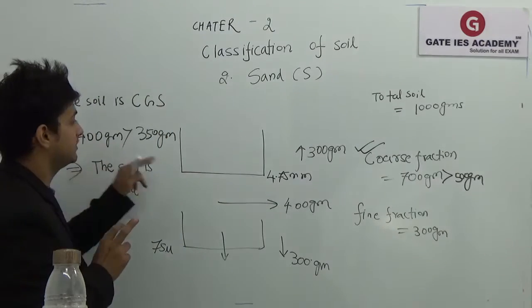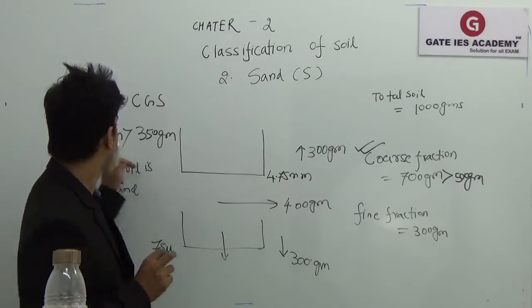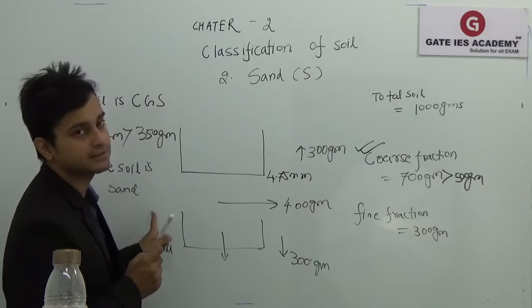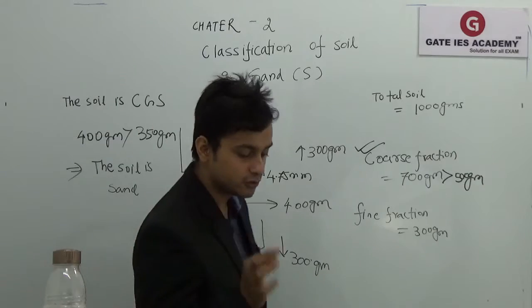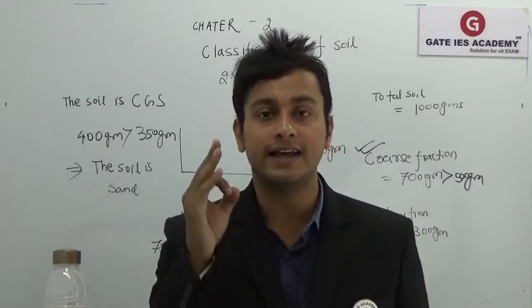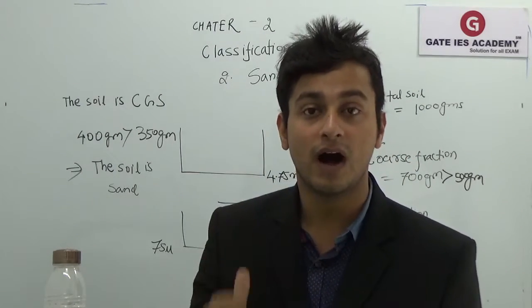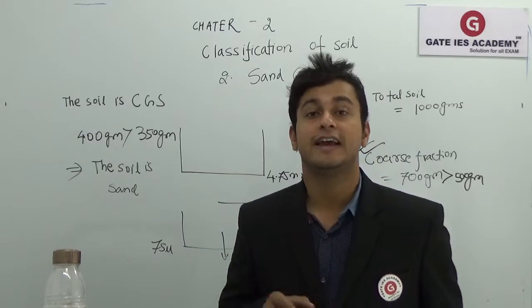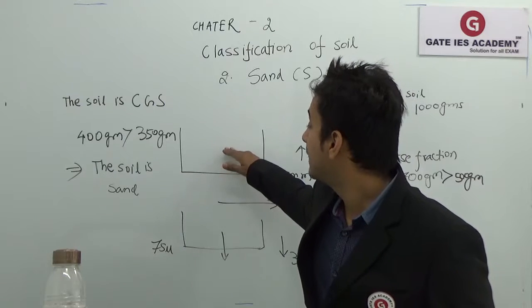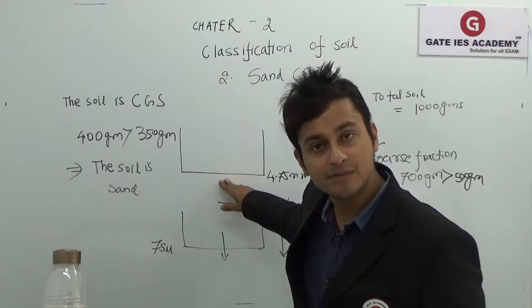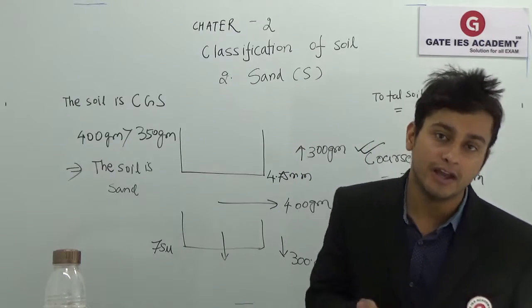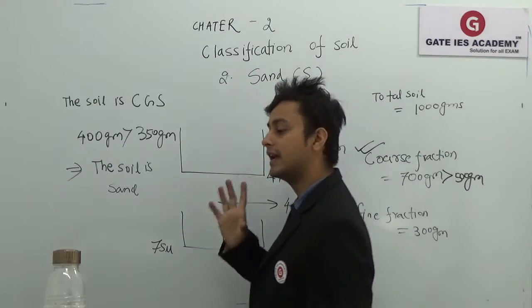How can we check? See here, this 400 gram is now greater than 350 grams, therefore the soil is sand. Very easy to understand. Why? Because more than 50% of the coarse fraction is passing the 4.75 mm sieve and retained on the 75 micron sieve. Okay, very carefully you can understand that.